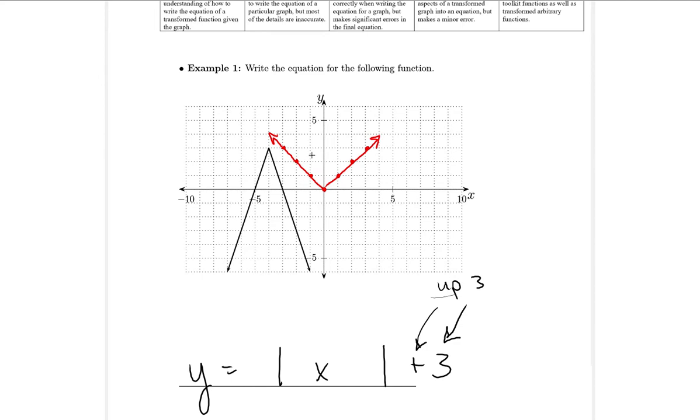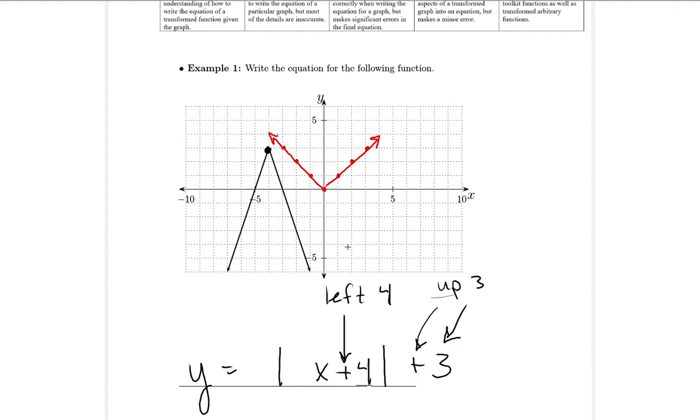Now, if I go left 4, that is a horizontal shift, and a horizontal shift is always the opposite of what you might expect. So left 4 means plus 4. That takes care of the shifts, so that lands us up here.